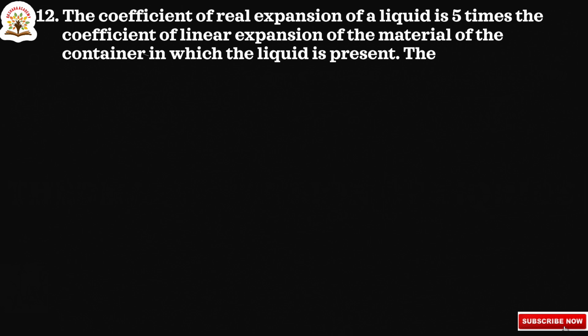In this question, the coefficient of real expansion of liquid is 5 times the coefficient of linear expansion of the material of the container in which the liquid is present.